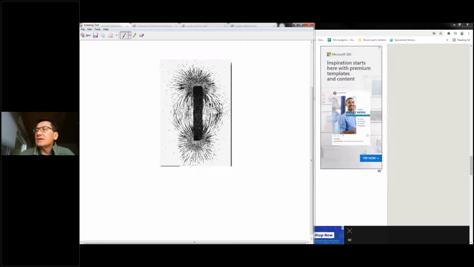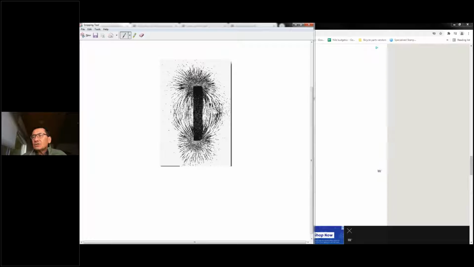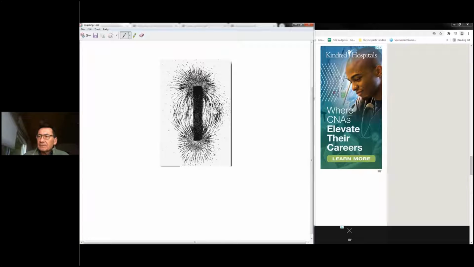And what you see around the rectangle are iron filings that, due to the magnetism of the magnet, have aligned themselves to show you roughly the shape of the magnetic field. Now you can see that they align roughly along the axes from north to south.